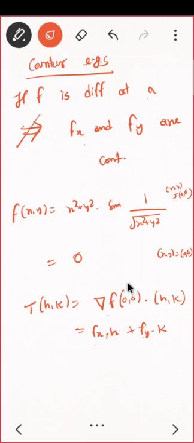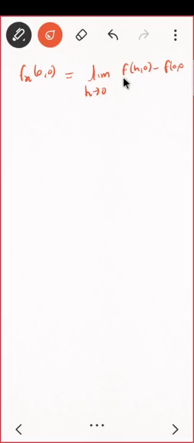Now you see this is a function where you want to find fx, so it is good to use the definition. Do you remember the definition of fx? Fx at (0, 0) is the limit as h tends to 0 of f of (h, 0) minus f of (0, 0) upon h.